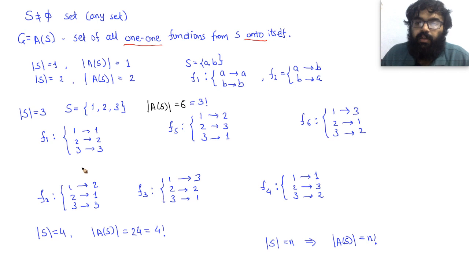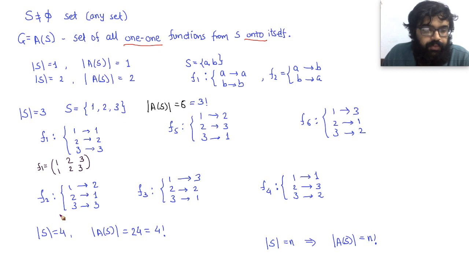So there is another way of writing those permutations. So let me write that. F1 we can write as 1, 2, 3, and F1 is identity. 1 goes to 1, 2 goes to 2, 3 goes to 3. See, this is a function itself: f of 1 is 1, f of 2 is 2, f of 3 is 3.